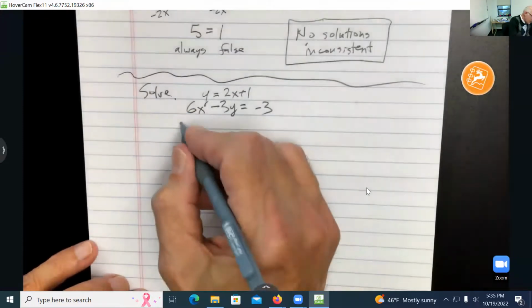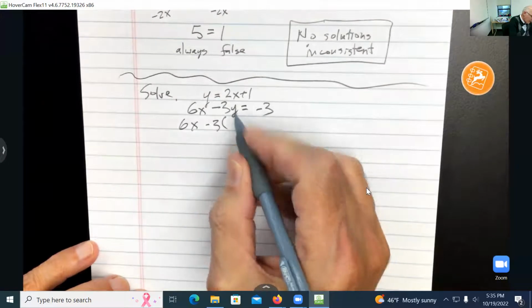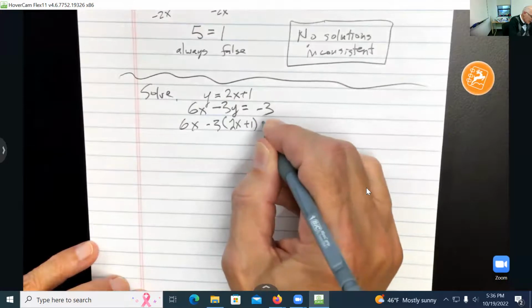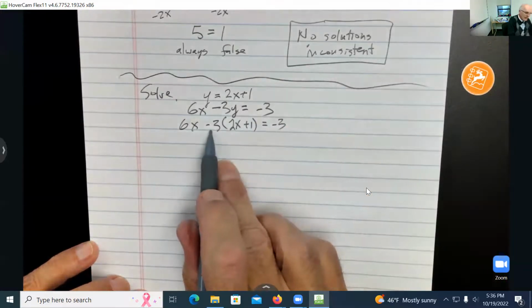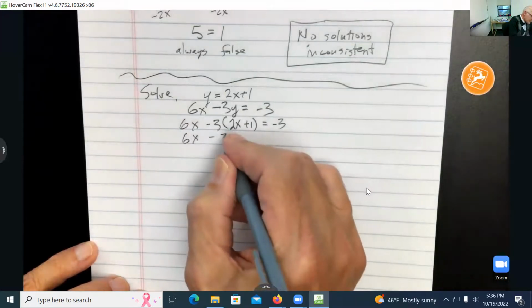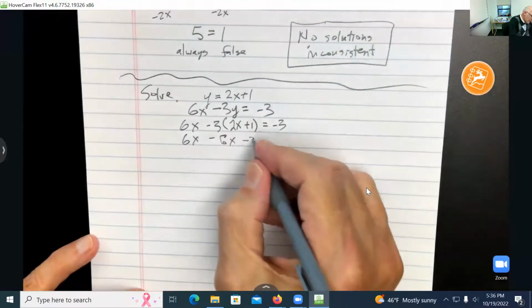The rest of the second equation will stay as is. So I'm taking y out of the volleyball game and I'm putting in 2x plus 1. It's a quantity. Now I need to use the distributive property with negative 3. Negative 3 times 2x is negative 6x, and negative 3 times 1 is negative 3.